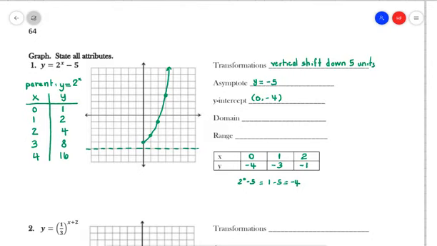It's not just going to stop at a value. So we're going to continue on the left side and get closer and closer to that asymptote. So now our domain is all real numbers. We're going to cover every single x value. And our range, our y values, will be every single y above negative 5. So we'll start at negative 5 and head toward positive infinity, and we'll be able to cover every single value that is after negative 5.